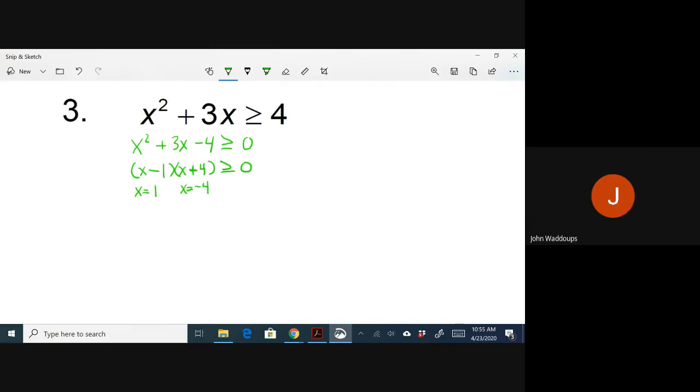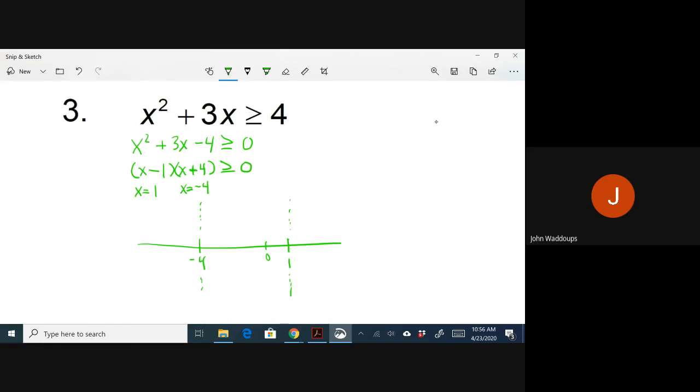So then we're ready to do our graphing here. So we'll put negative 4 down here, and put 0 just as a point of reference, and then 1. Then we make our sign arrays.